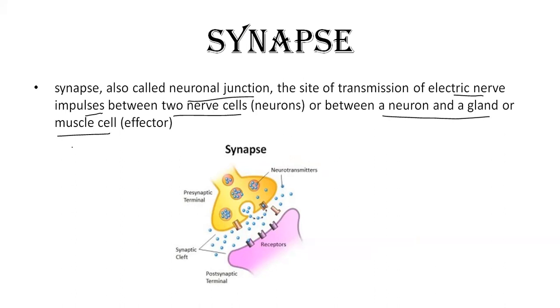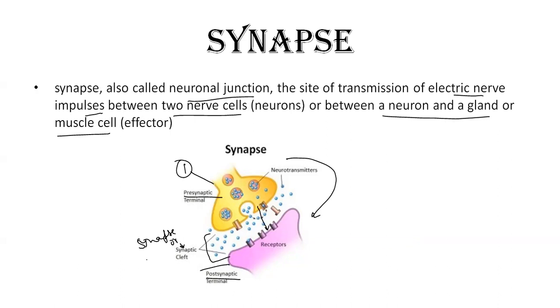Basically, the synapse is a site from where messages pass from one neuron to another. The first neuron, which is sending the message, is known as the presynaptic neuron. The neuron which is receiving the message is called the postsynaptic neuron, and the gap or junction from where neurotransmitters pass from one neuron to the other is called the synapse or synaptic cleft.